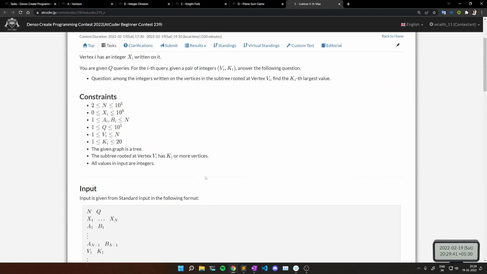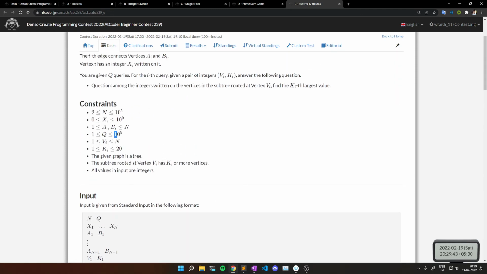Now the first thing to notice is that there can be 10 to the power 5 queries. So we have to answer each query in order of one time. That was the first observation. Now how can we do that? For that we have to pre-compute something, right?